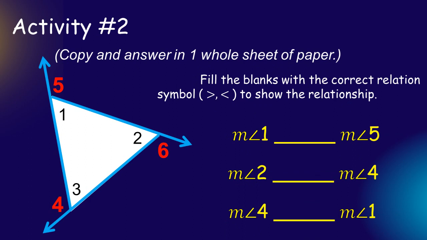For activity number 2, this is just the continuation. This is again copy and answer in one whole sheet of paper. Fill in the blanks with the correct relation symbol. It could be greater than or less than to show the relationship between the two angles.